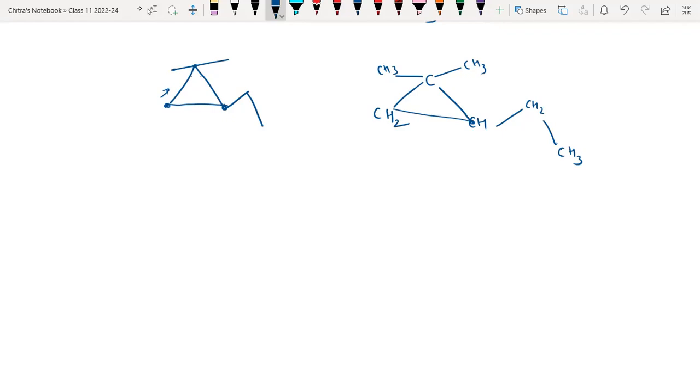If 3, carbon will have 1 bond with hydrogen. If 2, valency is completed, so 2 hydrogens will remain. If only 1 is completed, 3 hydrogens will remain along with carbon. So this is the way. I was explaining that all these are nothing but bond line structures.